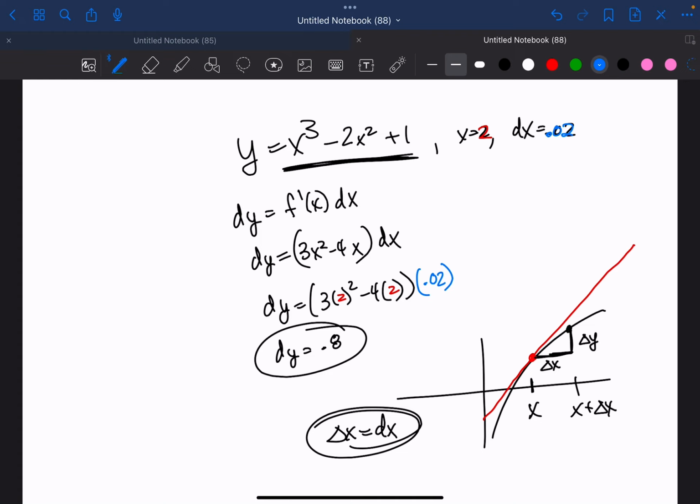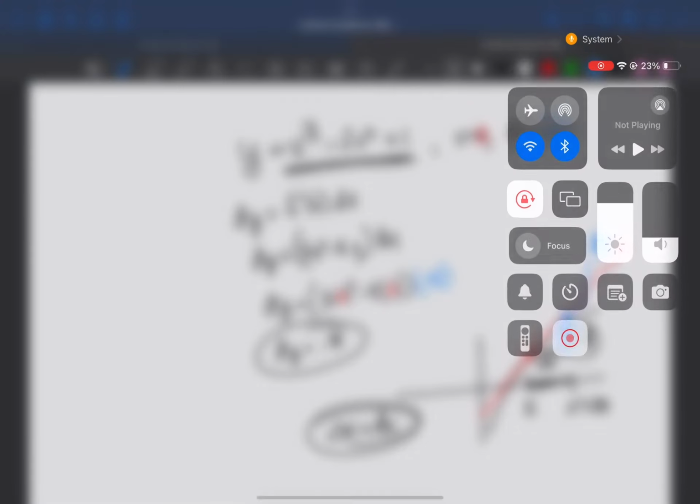Dy is how the tangent line is rising or falling, so that is dy. How is the function rising or falling? This right here, that's delta y. So how's the function rising or falling over this interval? That's delta y. How is the tangent line rising or falling? That's dy. We're done. Peace out.